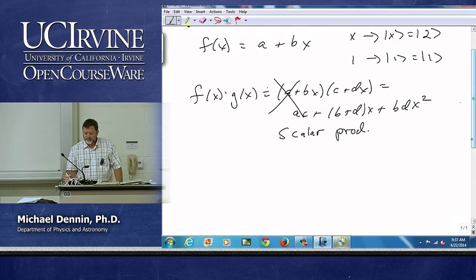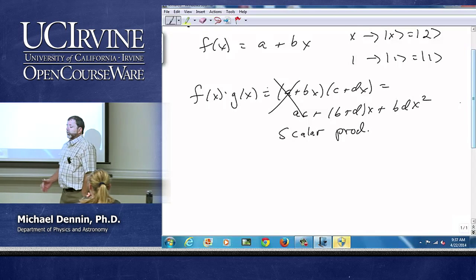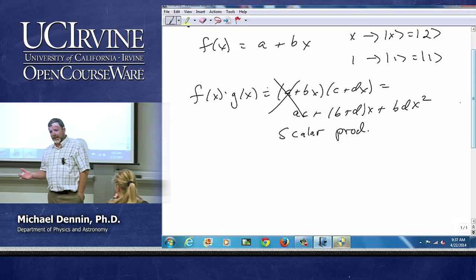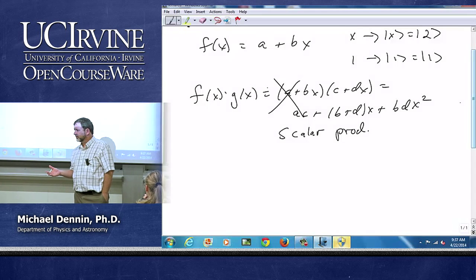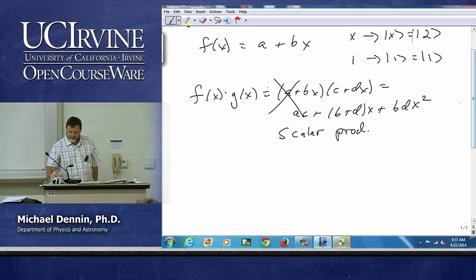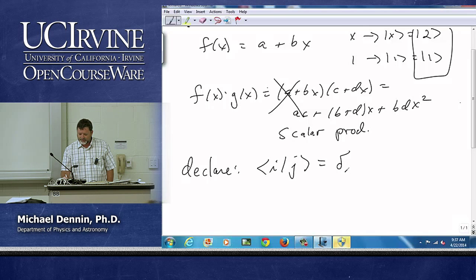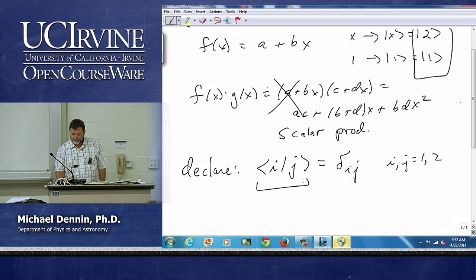And in fact, we don't really have a good geometric idea, but we can say, well, let's make our basis orthogonal. In fact, let's make it orthonormal. Hence, the value of labeling things by 1 and 2, I can say, and I just declare, the scalar product to be defined by the fact that <i|j> equals delta ij for i, j equal 1 and 2 for our basis vectors.